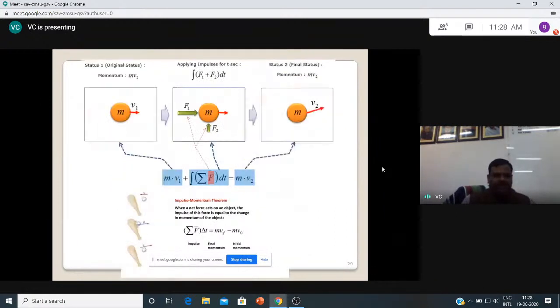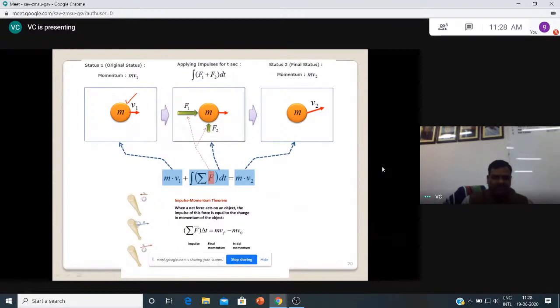Or in other words, with initial momentum m v1, a resultant force is applied on the mass m. The force F into dt is equal to the change in momentum, leading to the final momentum m v2.